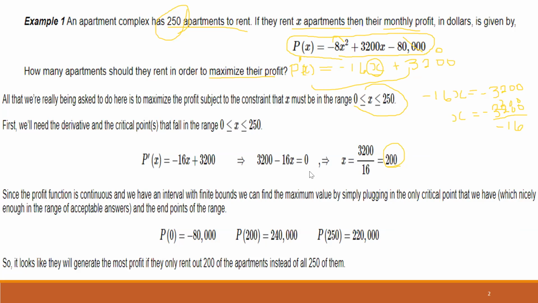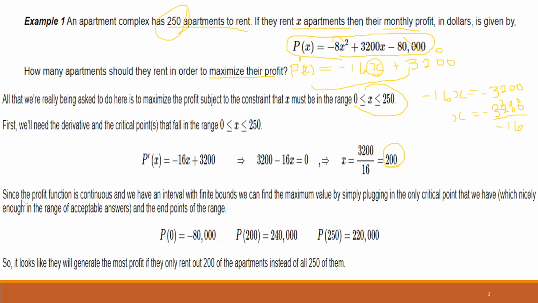You may tell yourself that in order to maximize our profit, we may have to end up renting out all the apartments, but that's not true. Sometimes you may encounter more costs in order to maintain the maximum of 250 apartments.